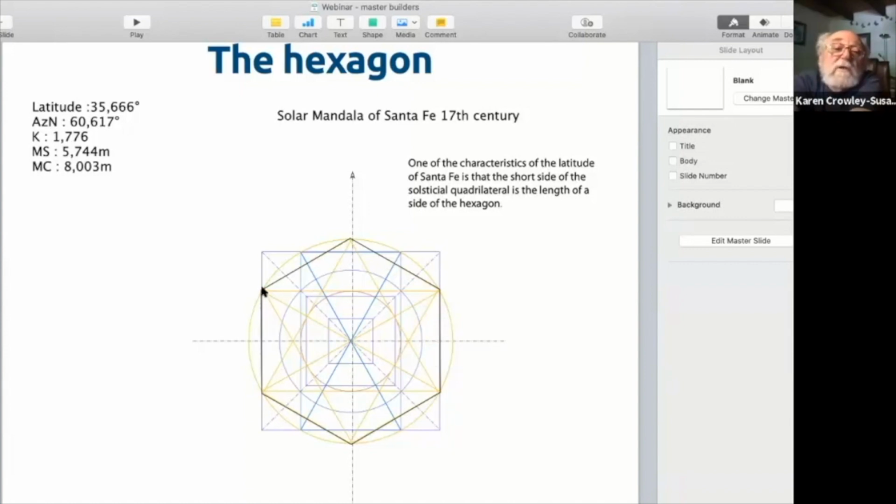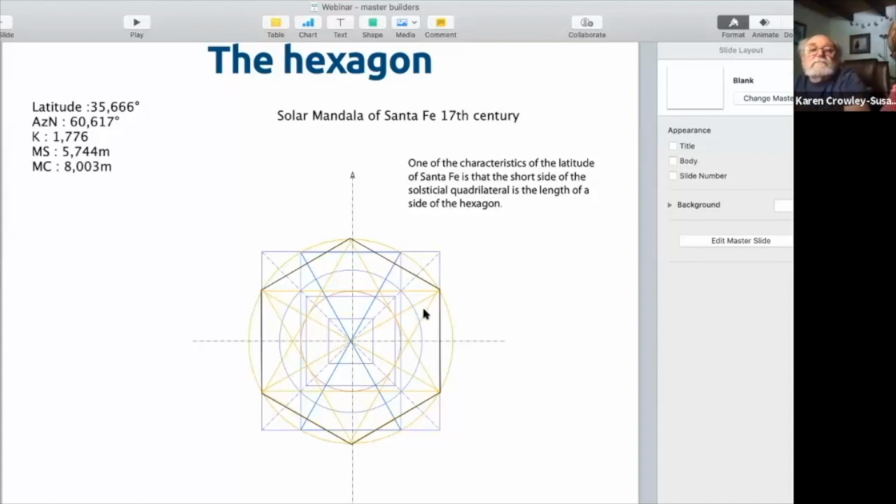And so the characteristic of Santa Fe is that you can make 3 solstitial quadrilaterals, as you can see here, like here, for example, okay? And if you make a hexagon, for example, you are going to get a very powerful place.